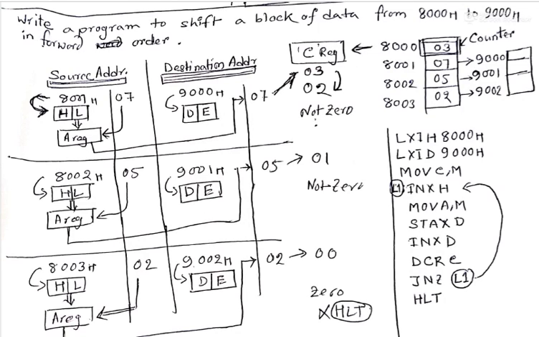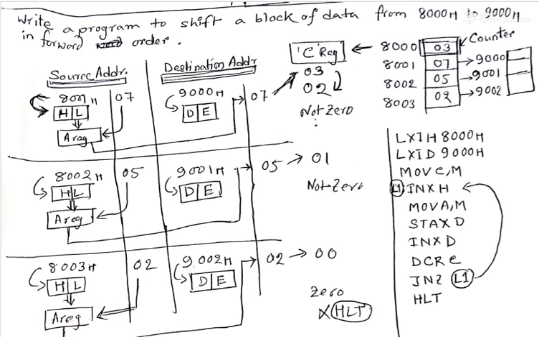Good morning, students. Today we will perform a lab experiment, that is, write a program to shift a block of data from one location, that is 8,000 location, to 9,000 location in forward order.